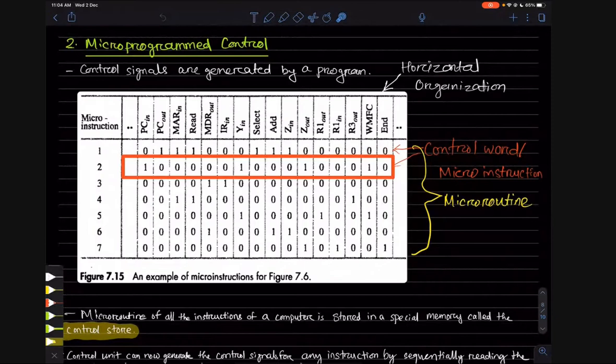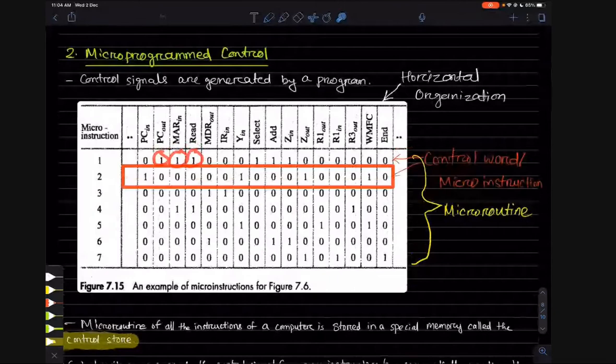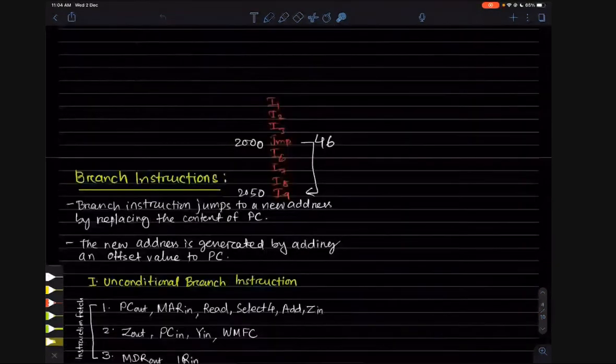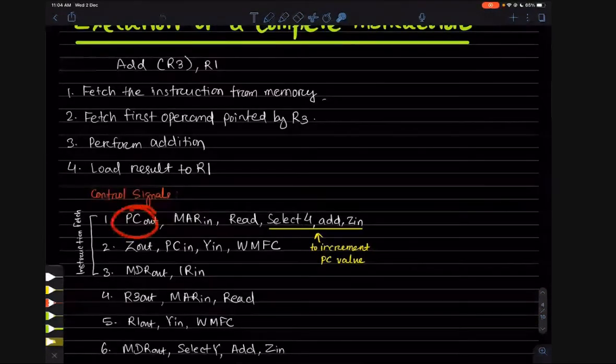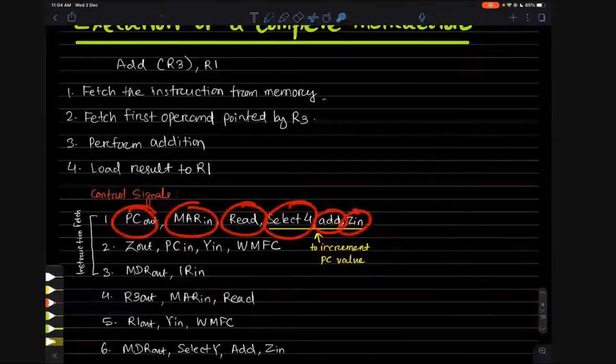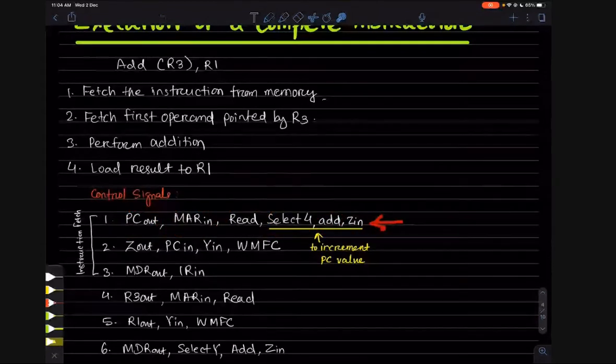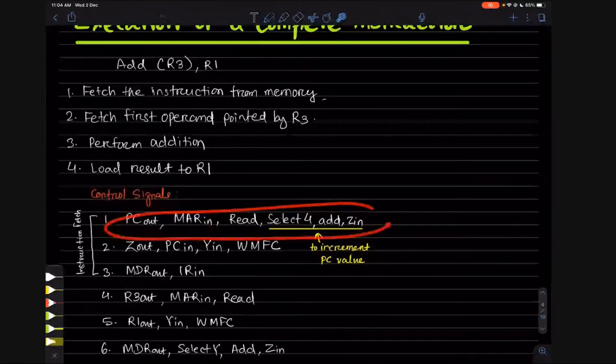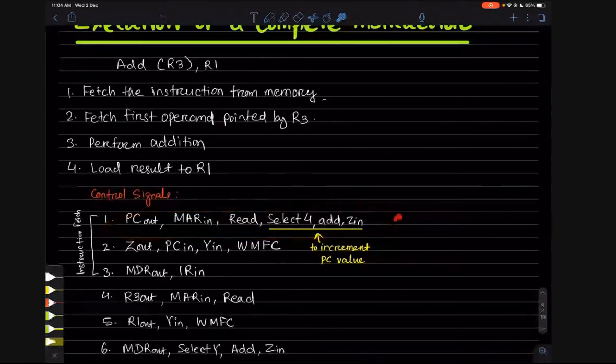In this case read signal, MAR in, PC out, these are all 1. So let's go to that example. PC out, MAR in, read signal, select 4, add, Z in, all these signals have to be generated, so the table will have 1 in that entry. For this Z in, add, select 4 and all these signals, it will be 1. The rest of the signals will contain 0.